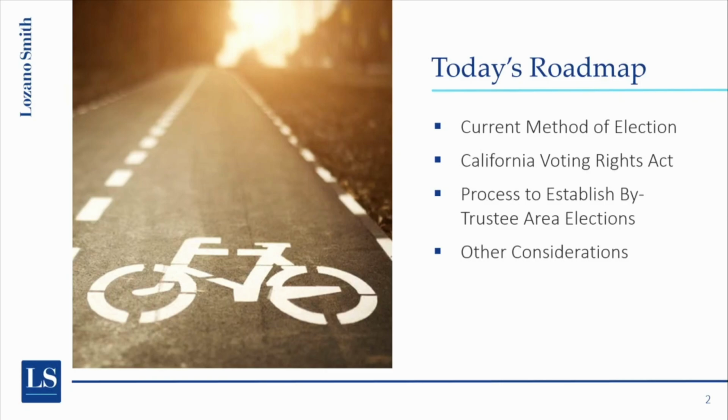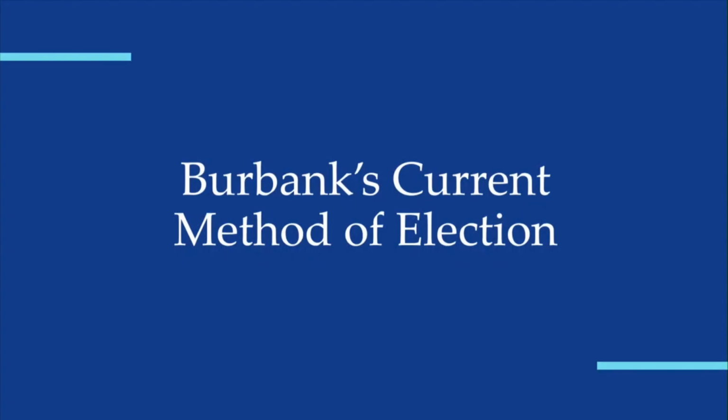Then we'll talk about the process of moving from your current election system to a by trustee area election system. Then I'll note some other considerations, and I'll remain as long as you want to ask questions. But as I'm going through the presentation, if you have questions or want clarification, please ask me. Next slide.